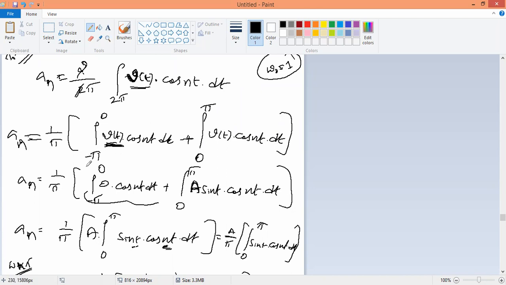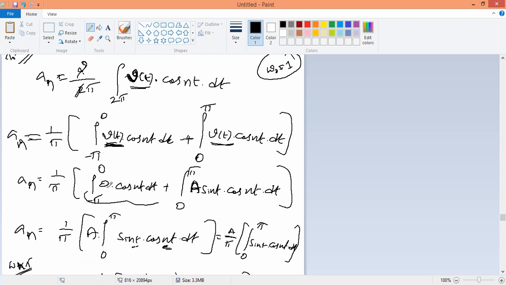So an equals 1 by pi into, in the minus pi to 0 interval, what is the v of t value? 0. 0 into cos nt dt, plus integral 0 to pi interval, what is the v of t value? A into sin t. A sin t cos nt dt.